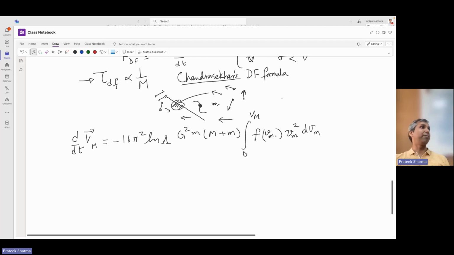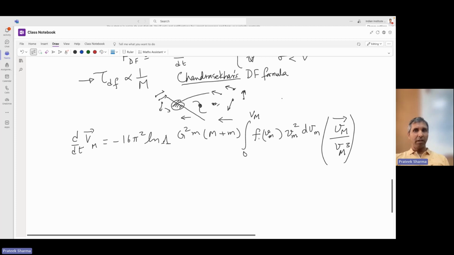So this is that phase space integral over the relative velocities between the galaxy and the stars, times Vm over Vm cubed. So this is the formula.